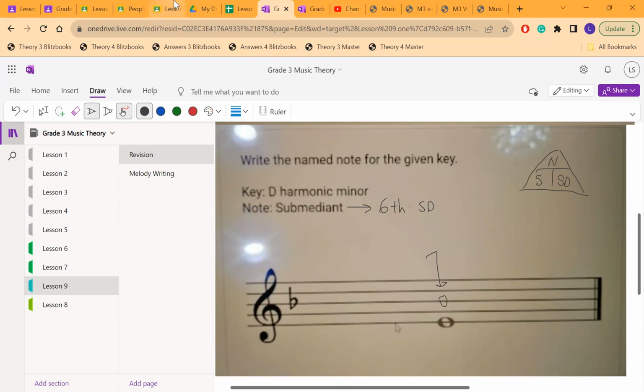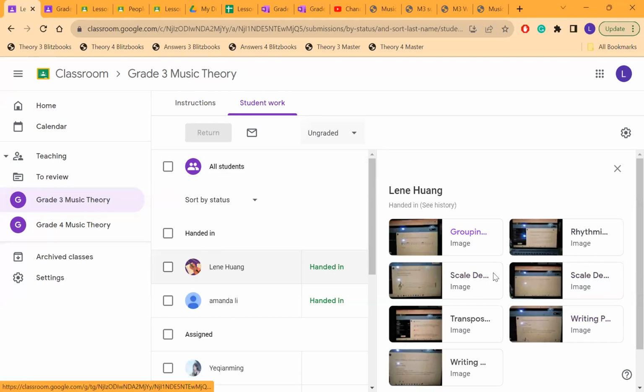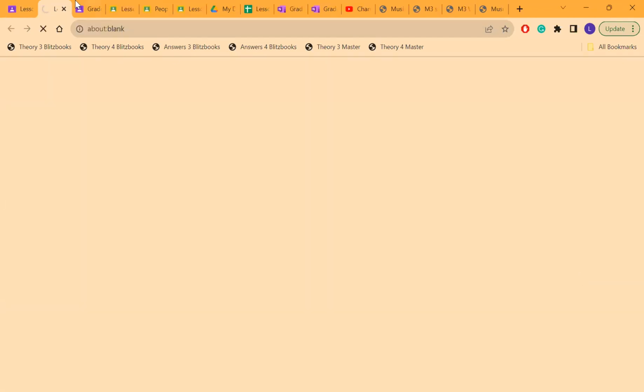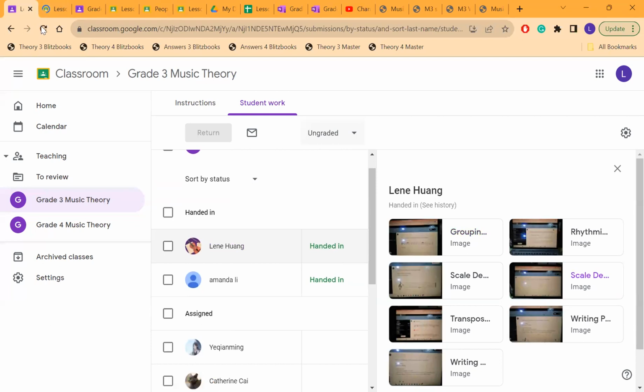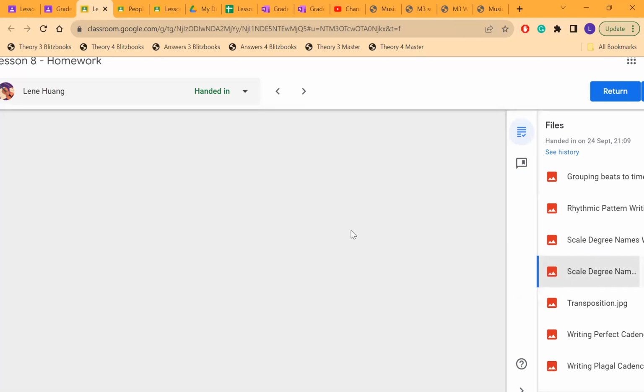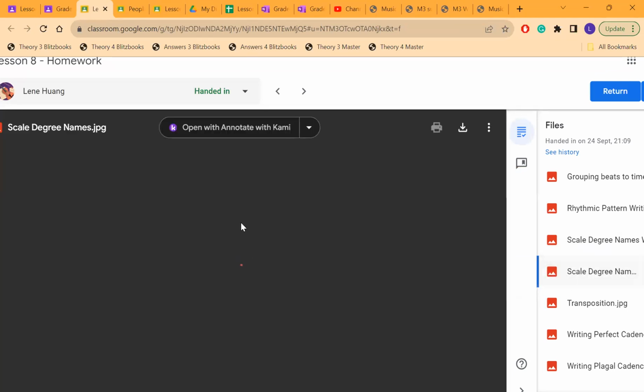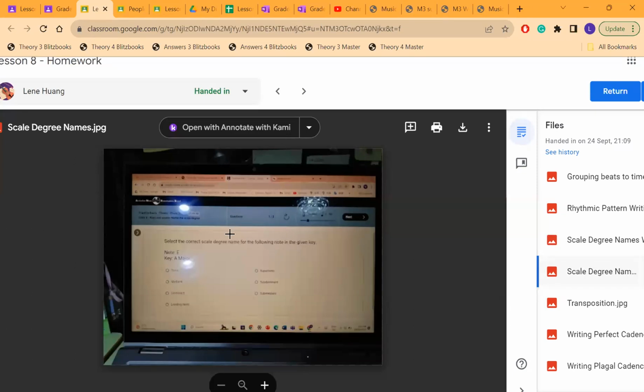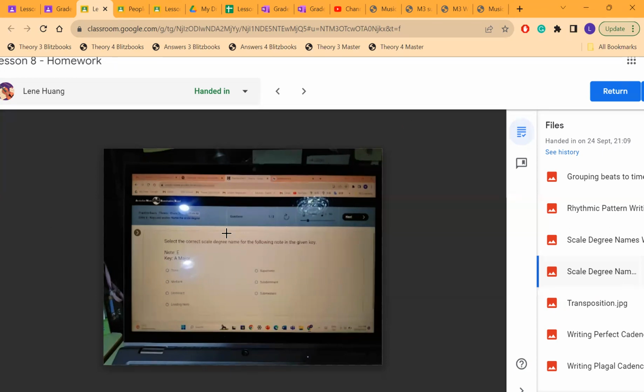Okay, what else do you get? So like a ton of stuff. Okay, I'm gonna go first page. I think this, yeah, that's just the reverse. That's just the other thing of what we did: you're given the note and you're given the key, and you need to find the scale degree in which that note is in the given key.